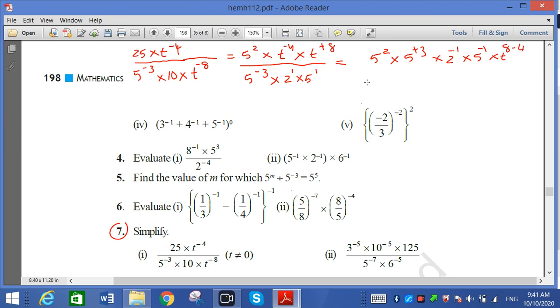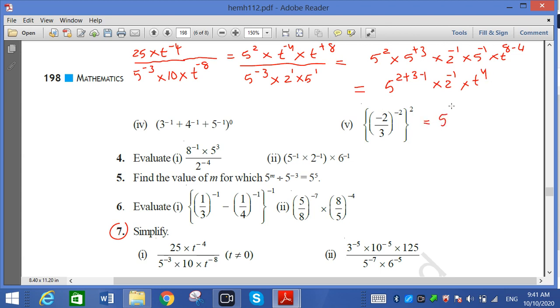Now 5 the power 2, 5 the power 3, that is 2 plus 3, and 5 the power 1 that is negative, minus 1, to the power minus 1, and t the power 4. Now 2 plus 3 is 5, 5 minus 1 is 4.